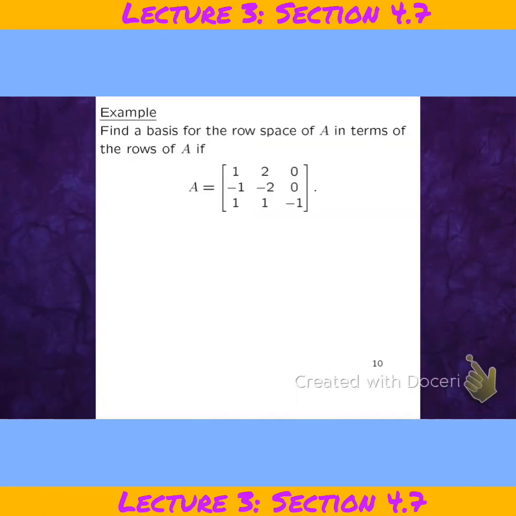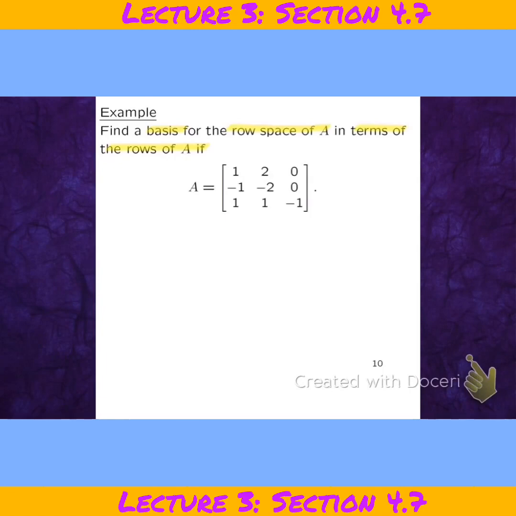Okay, so the next problem asks us to find the basis for the row space of A in terms of the rows of A. So we need to use the rows of A to specifically find a basis for the row space of A. Now, we don't want to reduce the matrix A and find a basis that way.